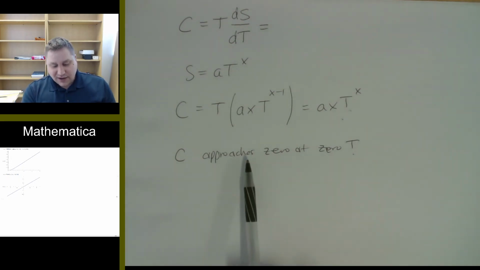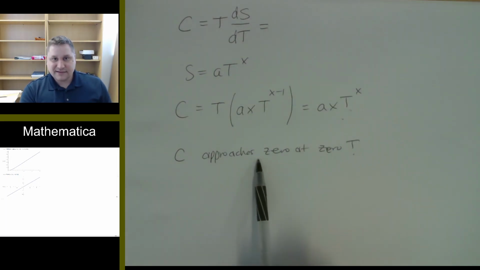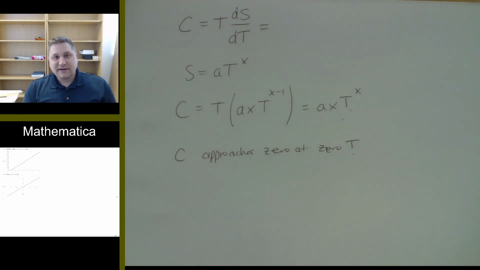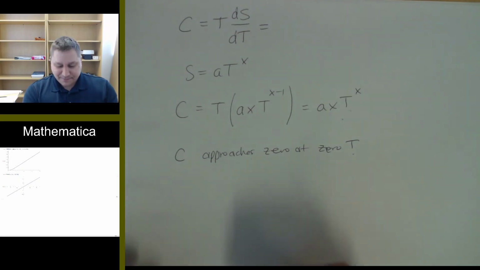But what the third law says is that the heat capacity cannot be constant down to 0 temperature. The heat capacity must also approach 0. So as I start to get objects really cold, their heat capacity starts going down and becoming really small.